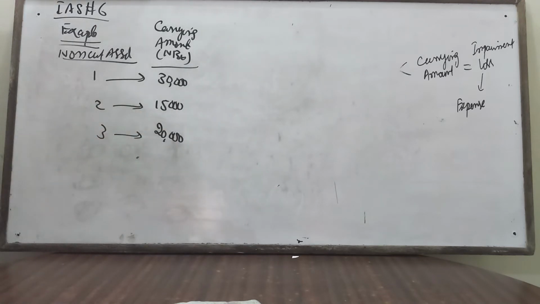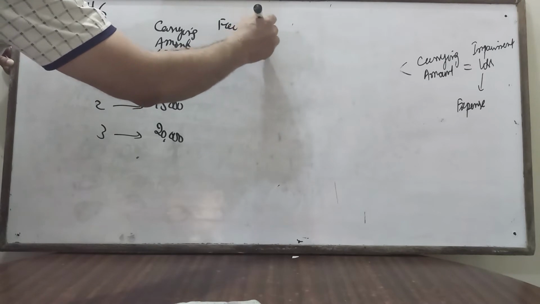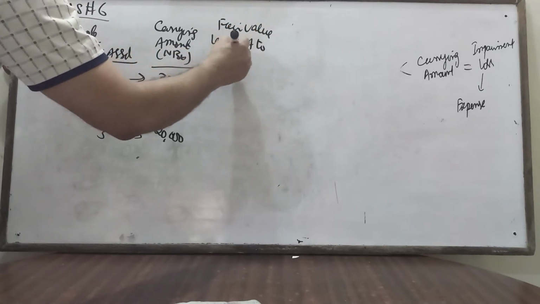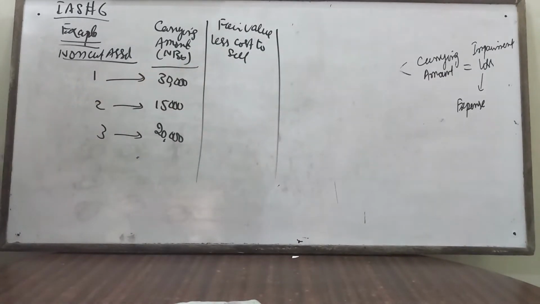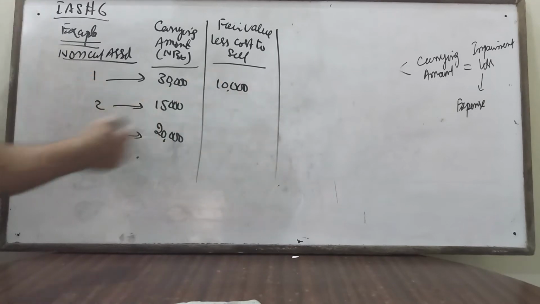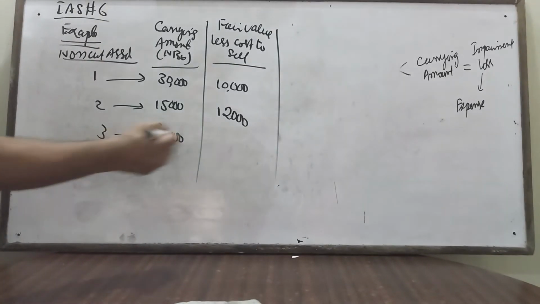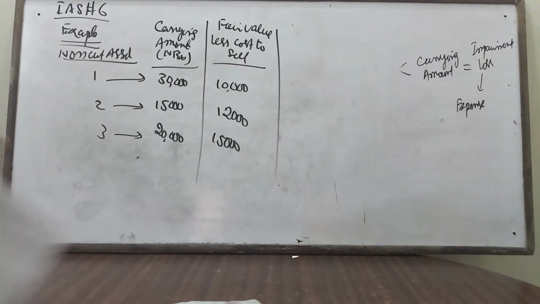It's given, okay. I have given this in my notes as well. And the fair value less cost to sell is also given. For non-current asset 1, the fair value less cost to sell is 10,000, for asset 2 it is 12,000, and for asset 3 it is 15,000. The value in use is already given.